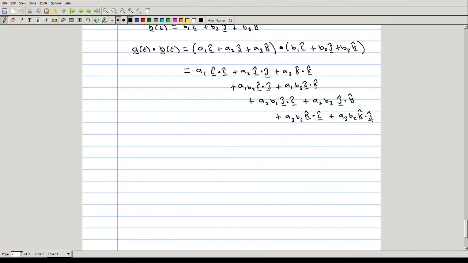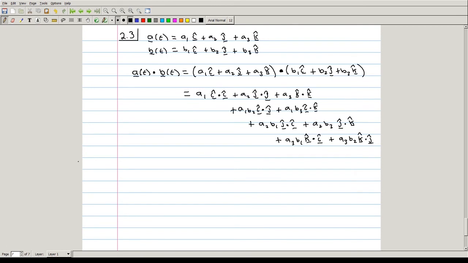But this simplifies a lot in Cartesian coordinates, because we know that, for instance, i dot j is the dot product of the vector 1, 0, 0 with the vector 0, 1, 0, which is just equal to 0.